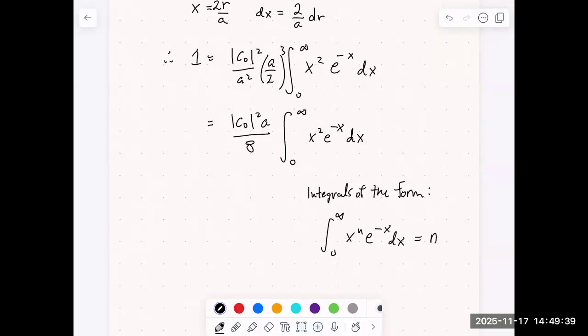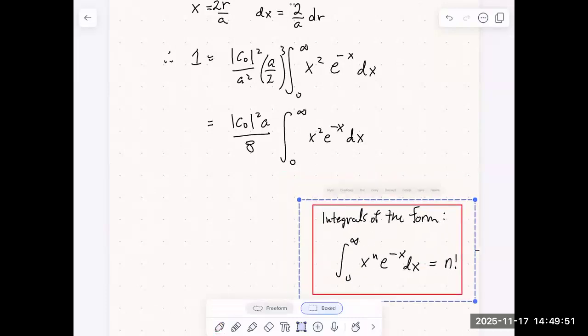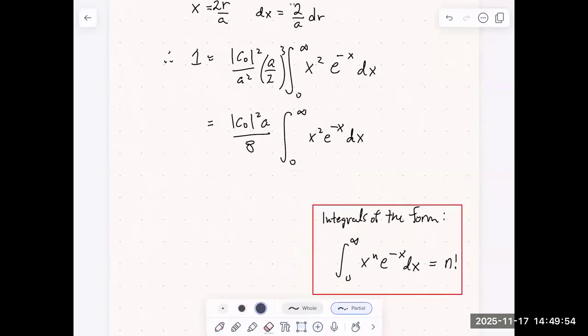But this integral is just equal to n factorial. And so for us, n is equal to 2. And so what we have here is just 2 factorial, which is just a 2.